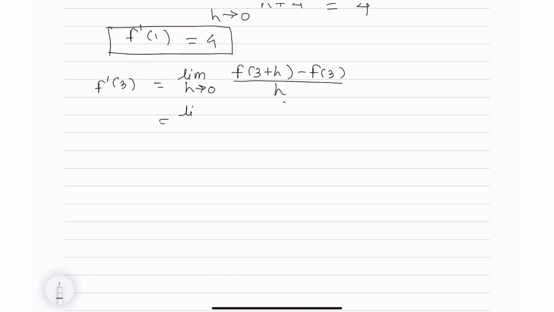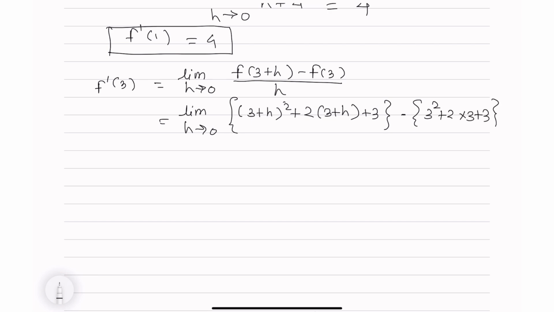So limit h tends to 0 of 3 plus h square plus 2 into 3 plus h plus 3, minus 3 square plus 2 into 3 plus 3, divided by h.